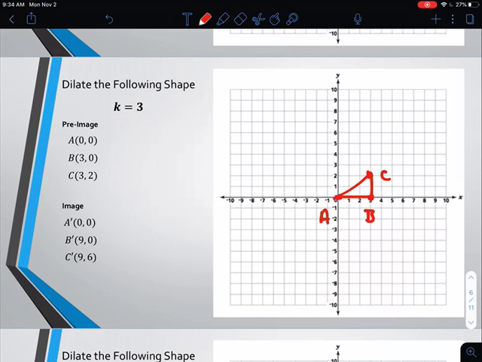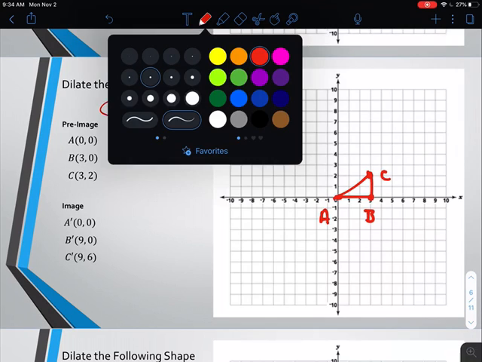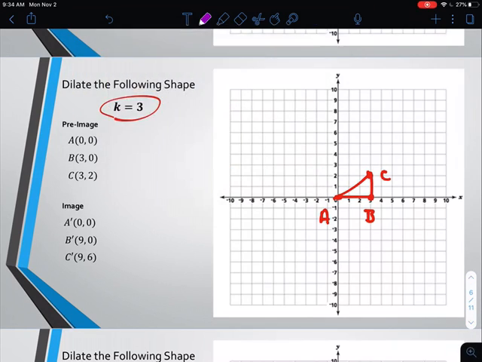Here's my original picture, my pre-image. It says apply a scale factor of 3. So again, we're going to calculate our new image points. And so that's what we have right down here. So 0, 0 times 3 is 0, 0. 3, 0 times 3 is 9, 0. And 3, 2 times 3 is 9, 6.